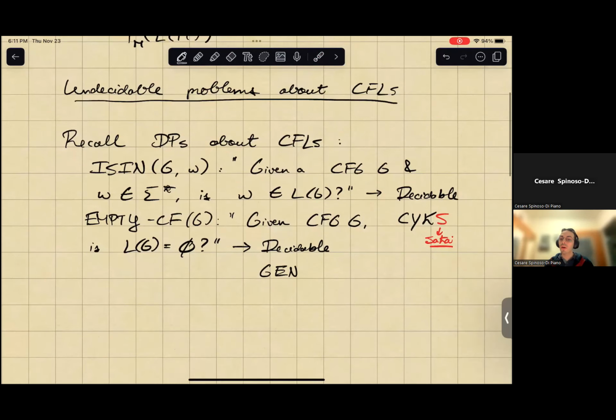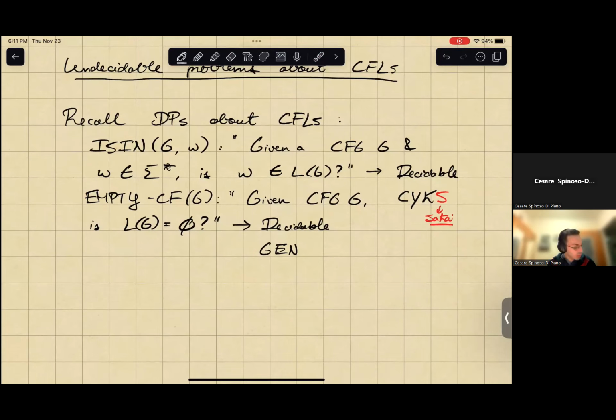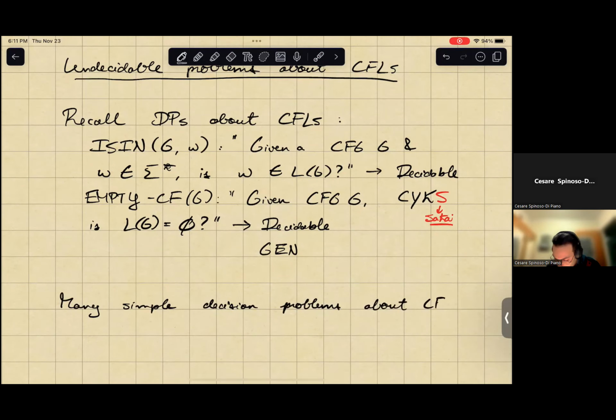Now, there turns out to be many undecidable problems about context-free languages. So there are many simple decision problems about context-free languages.